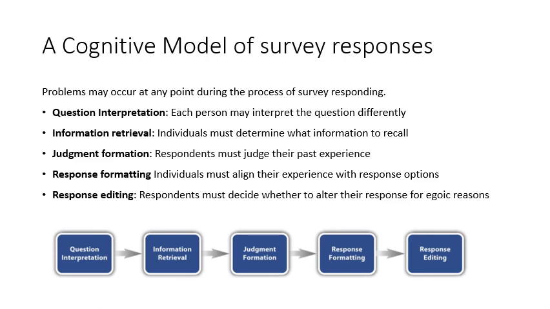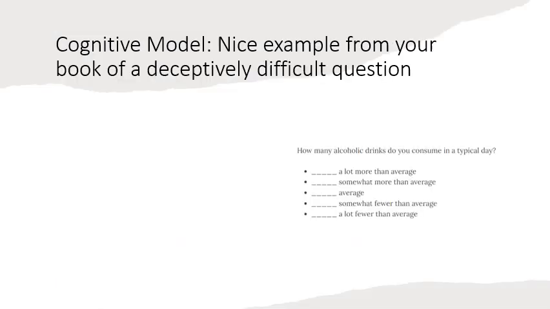Then they have to tap their brain and figure out what to recall. Then they have to judge their past experience, usually an estimate of something they're remembering. They have to then align their responses to the question structure and then edit their responses, decide whether or not to tell the truth.